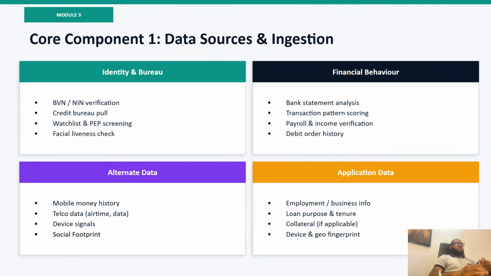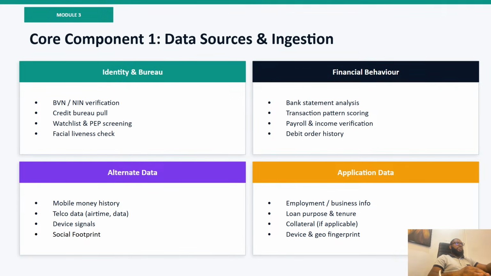Now, moving on to the core components of the data sources, I mean the credit decision engine. Like I mentioned in the previous slide, the identity and the bureau information is important. That speaks to BVN, the NIN verification, the customer's credit reports. CBN has mandated that you check whether the person is on a watch list or PEP screening.